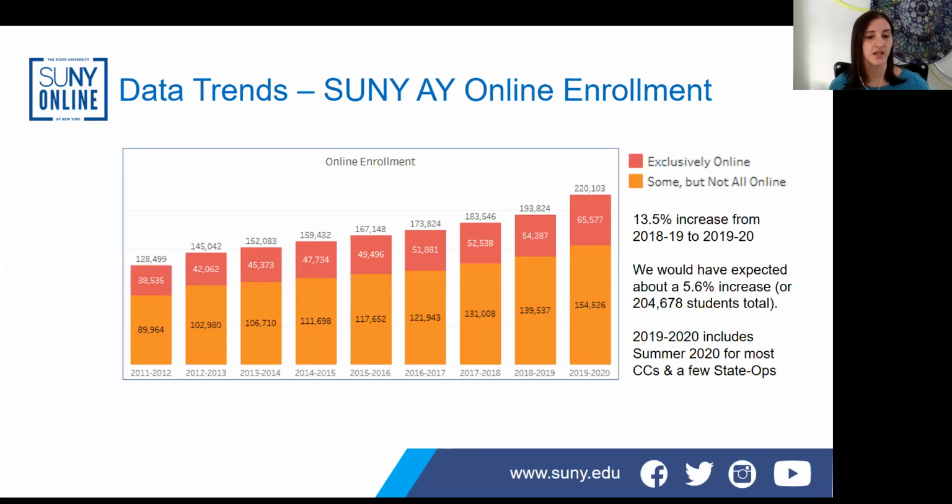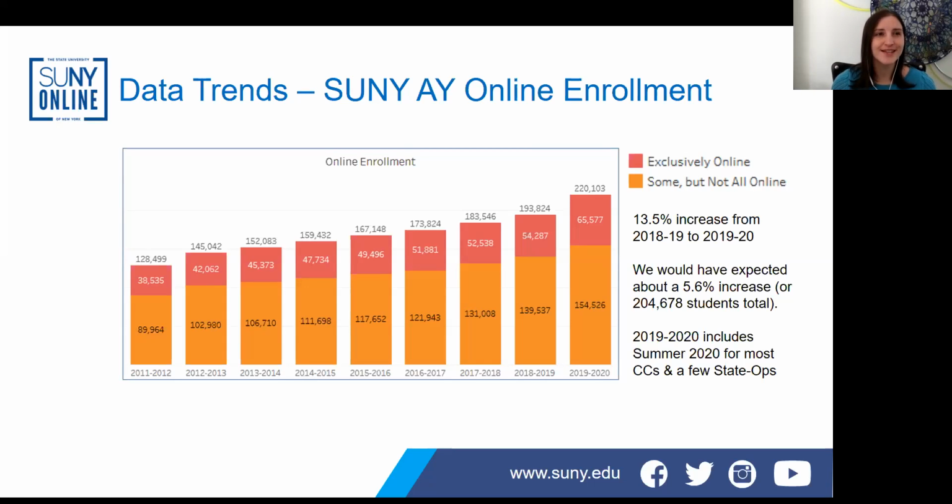You can see from 2011-12 up until 2019-20. And as I said earlier, 2019-20 would be impacted by COVID slightly because of the summer 2020. Most of the community colleges and a few state ops use summer 2020 as part of the academic year.